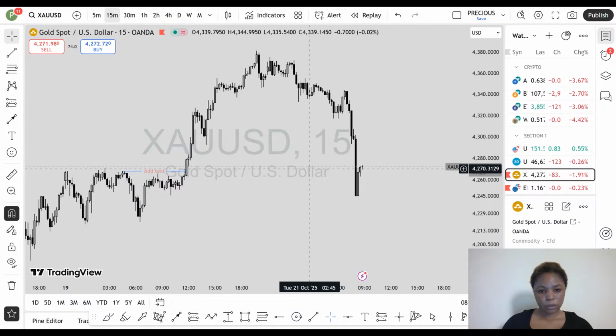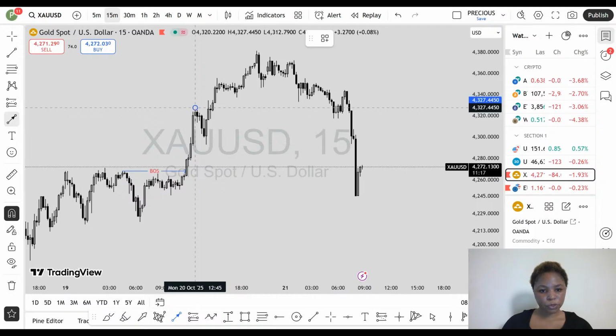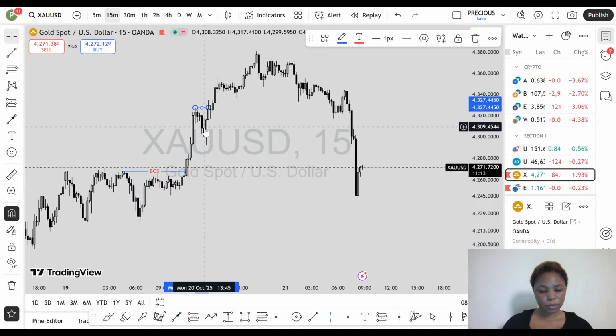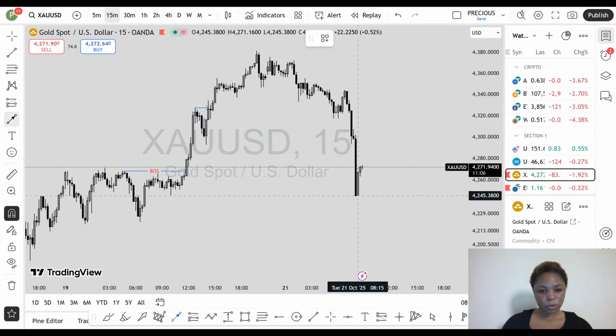You could see we have this break of structure here and then we have another order block here, but price used that as a liquidity sweep and came all the way to mitigate this order block here.